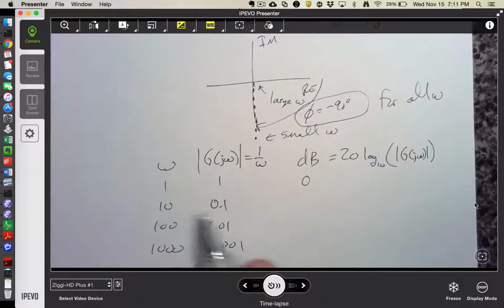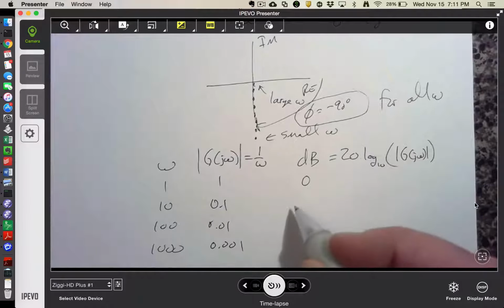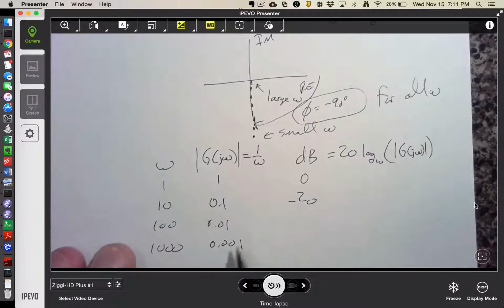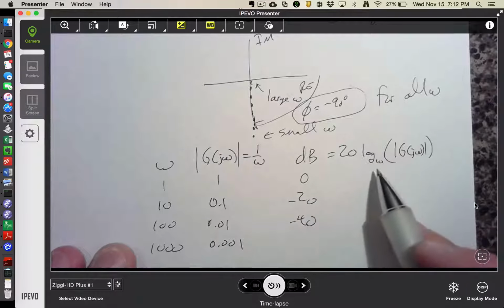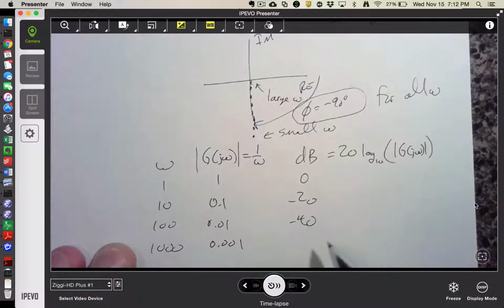10 to the negative 1 is equal to 0.1. 20 times that makes this a negative 20. Similarly, this is 10 to the negative 2, so a negative 2 times 20 is a negative 40. This is 10 to the negative third, so the log of that is negative 3, times 20, so this is negative 60.